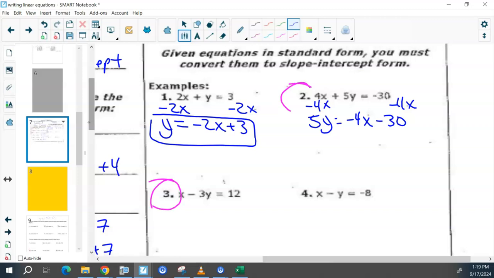And then our last step, divide everything by 5 separately. So we have y equals, this would not simplify, that would stay the same. But this would, what would that give us? Negative 6.